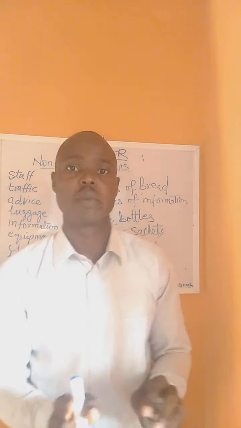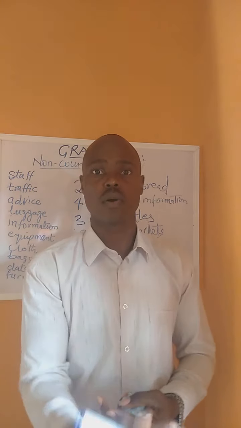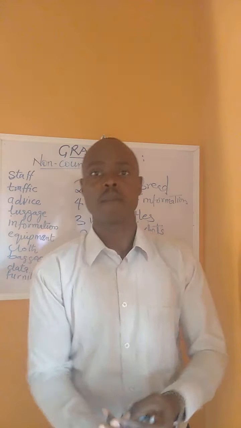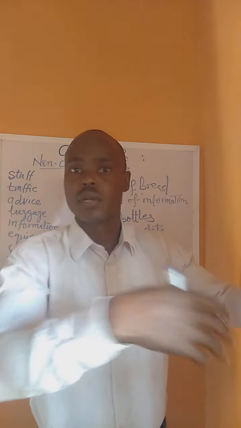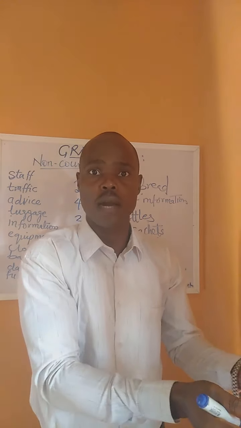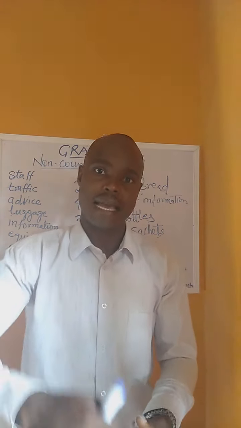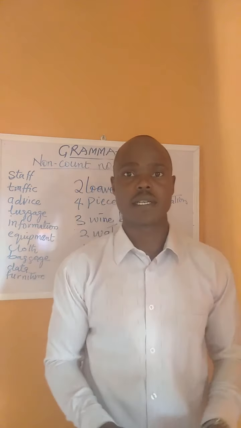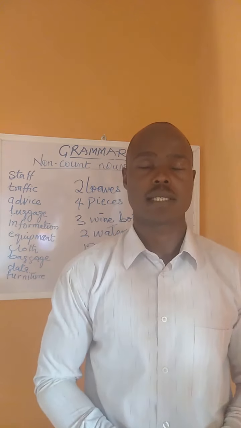So take note of these two methods you can use to quantify, that is, to add numbers or pluralize these nouns somehow indirectly. One, you use a countable noun before it and use the number you want with that countable noun. And the second, you use the mass count noun as an adjective. So these are two ways we can quantify these mass count nouns.